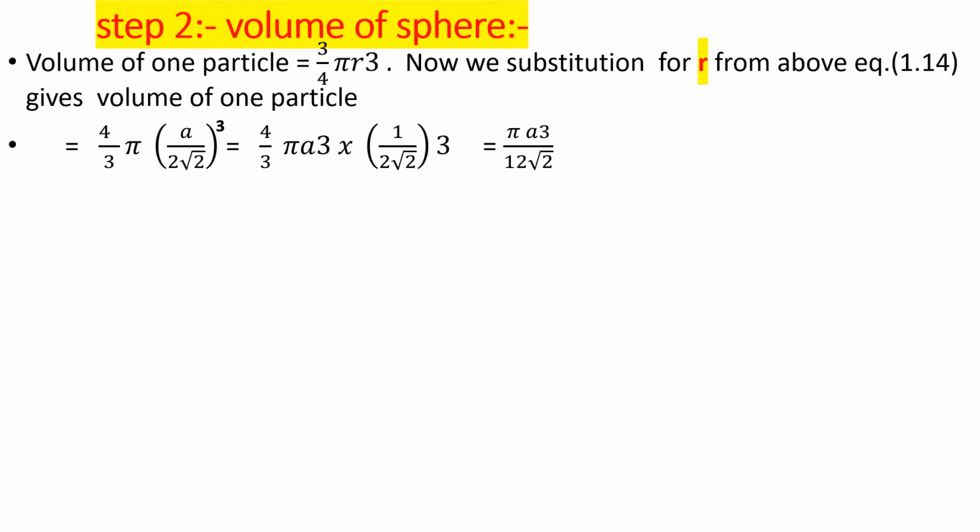That is 4 by 3 pi in bracket a upon 2 root 2, which equals 4 upon 3 pi a cube into in bracket 1 upon 2 root 2 whole cube. It gives pi a cube upon 12 root 2.